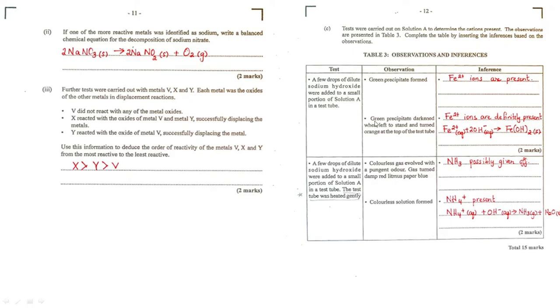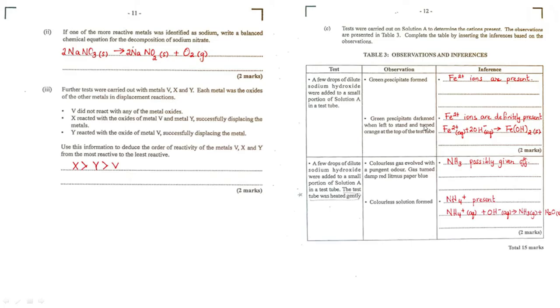Then the next observation was that the green precipitate darkened when left to stand and turned orange at the top of the test tube. This is a definite indication that Fe2+ ions are present, because what's happening here is that the Fe2+ ions are oxidized into Fe3+ ions.